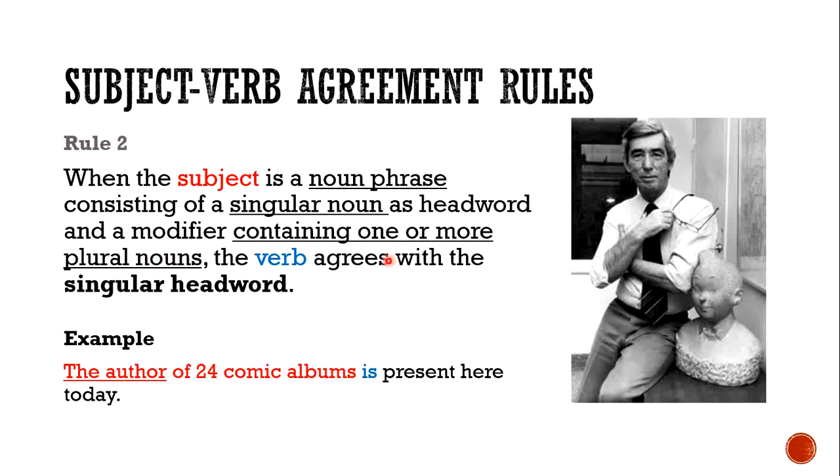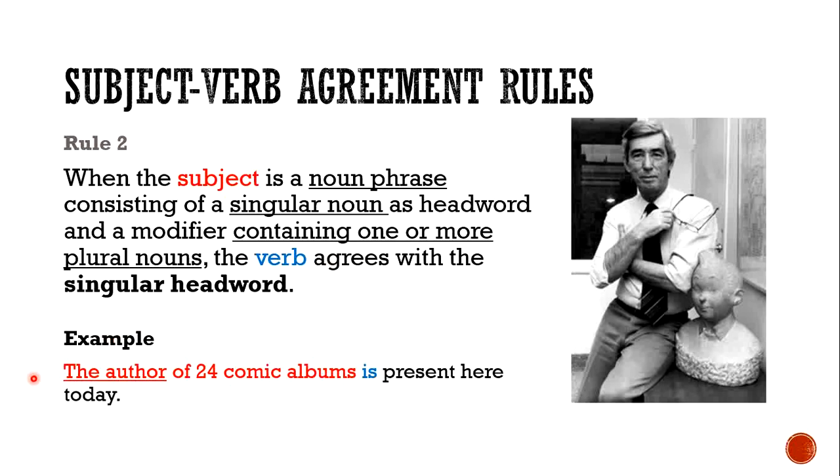That means in the same noun phrase you have more nouns, but they are not the head word of the phrase and they are more than one. That means they are plural in number. In that case, what should we do? The verb should agree with the singular head word.